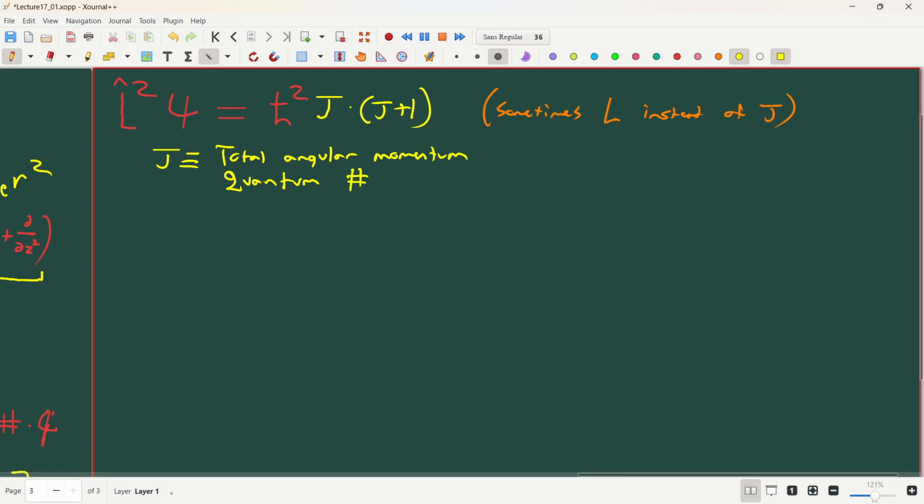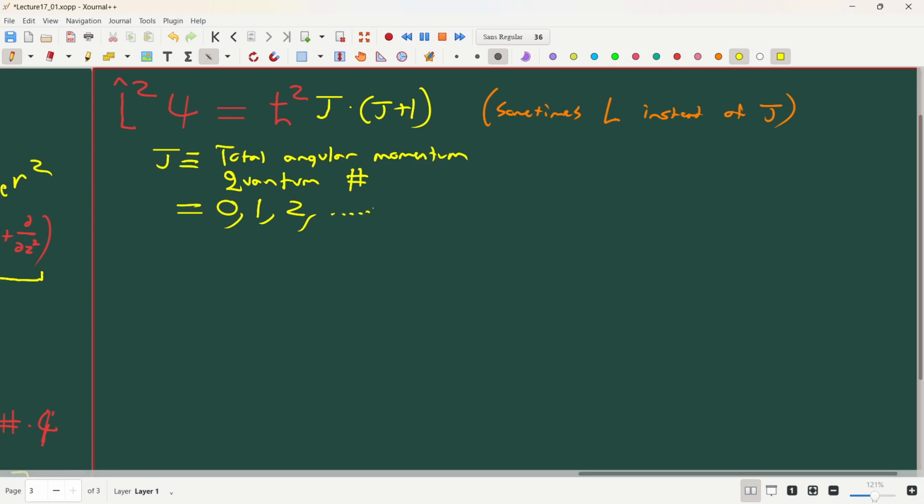And j can be any integer between 0 and infinity. So it's just like the harmonic oscillator, where the quantum number v can be any integer from 0 and up. But we have a slightly different expression. The harmonic oscillator is v plus 1/2. Here it's j times j plus 1, or j squared plus j, however you want to think about it. It has a slightly different structure, but again, it's just a very simple formula.